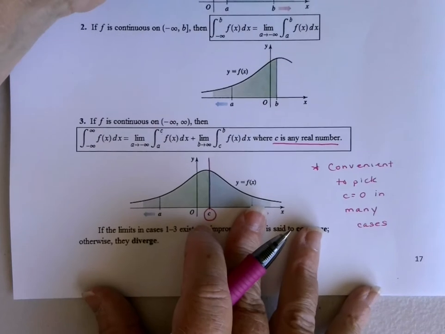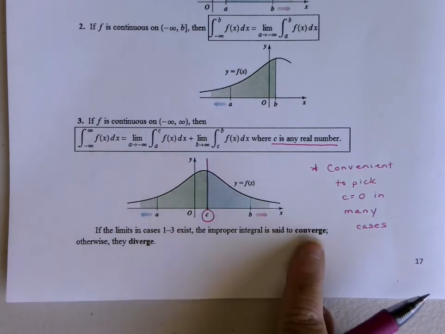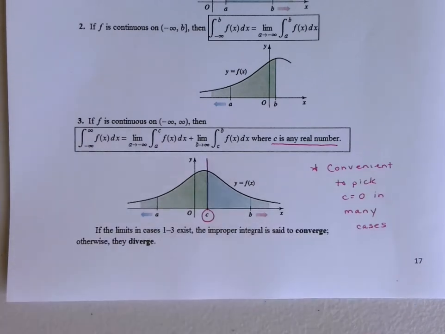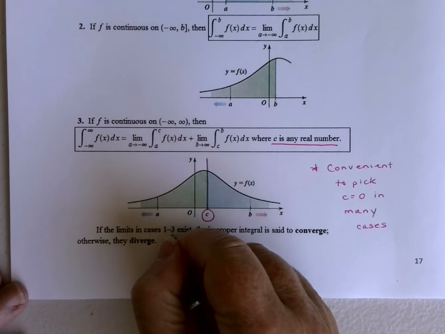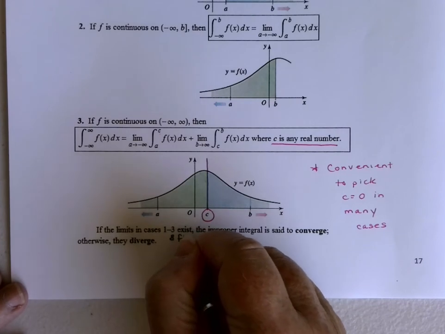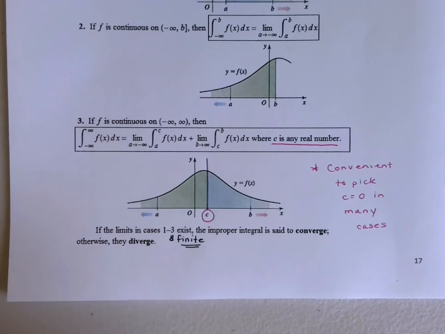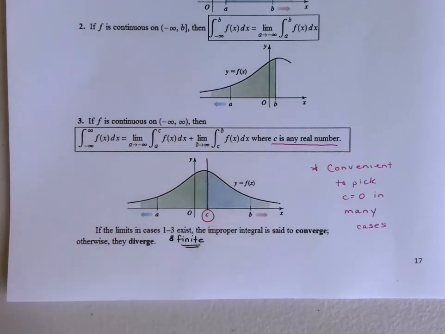If the results that we get when we do these limits of these integrals turn out to be finite, then we say the limits converge. If they're infinite, they diverge. So I'm going to clarify this just a little bit. It says if the limits in these cases exist and are finite, then the improper integral converges. If they're infinite, they diverge.